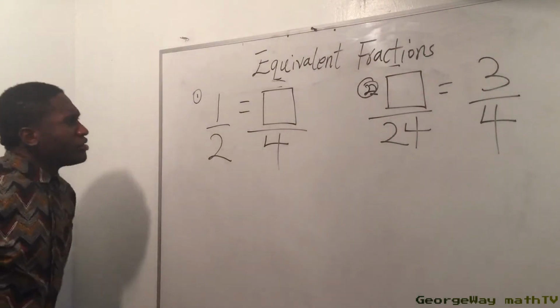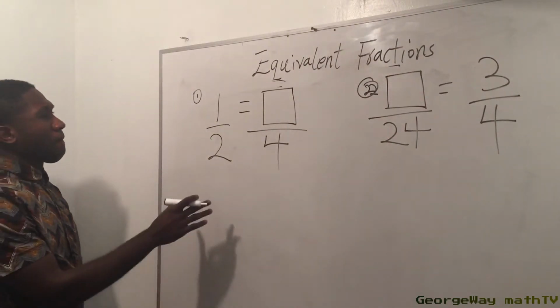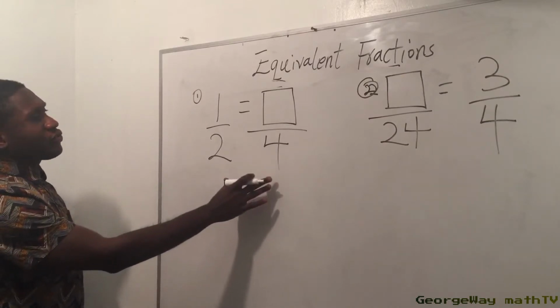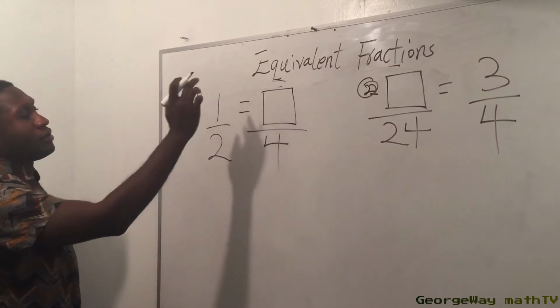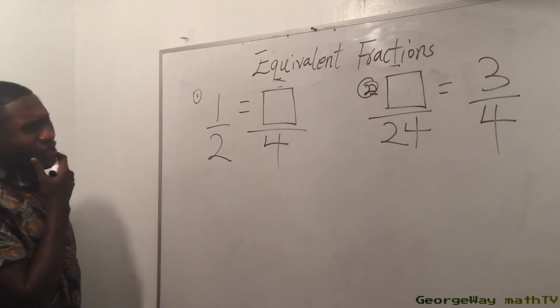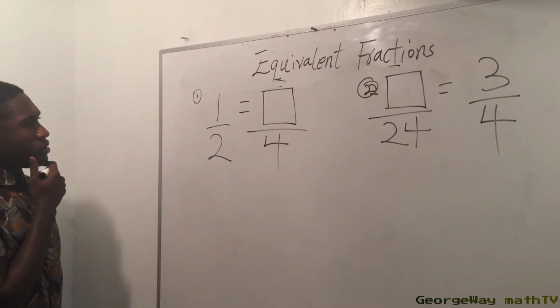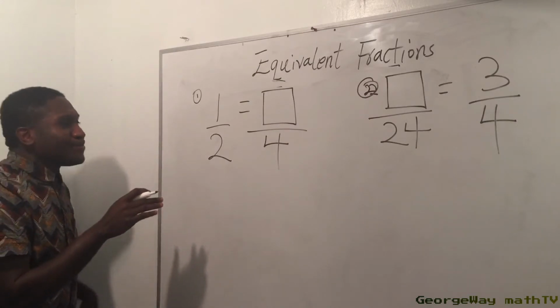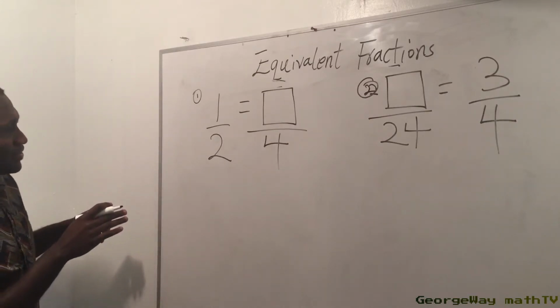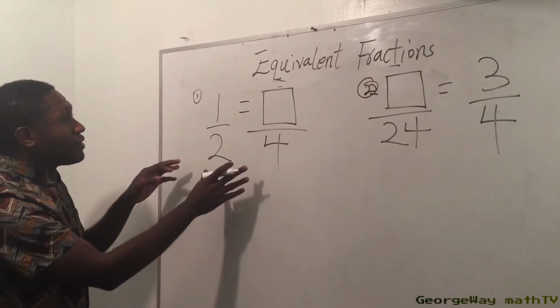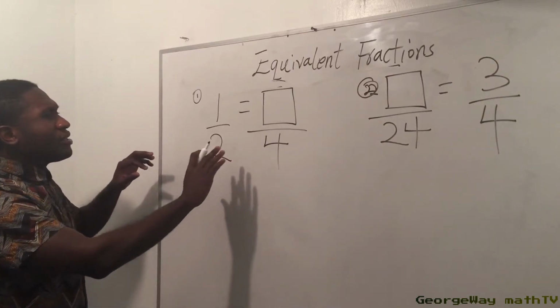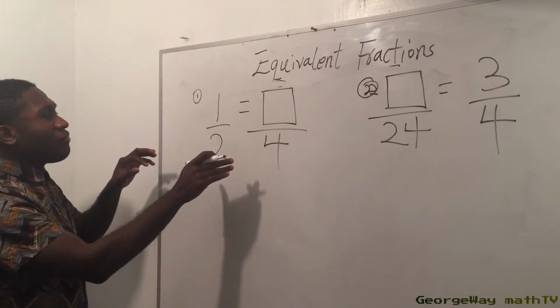So how am I going to do this question right here? I have 2 fractions, and I'm looking for this missing part, the numerator. I learned that when I'm given this type of question, I should look for the side where I have both numbers.